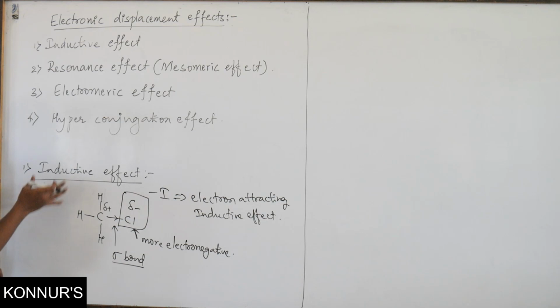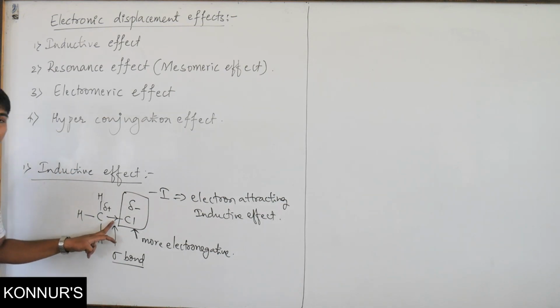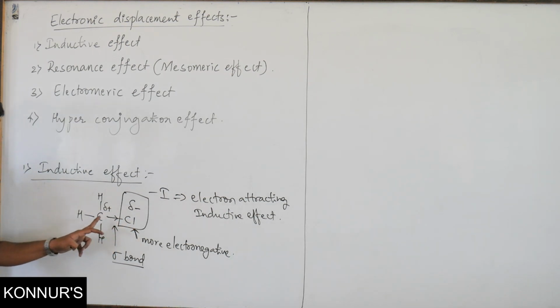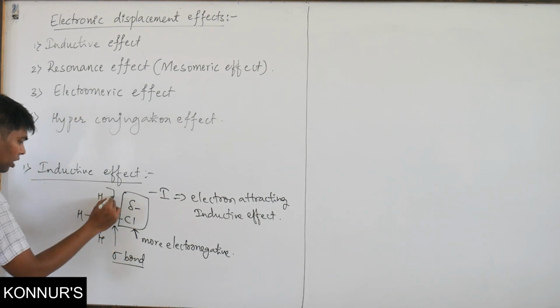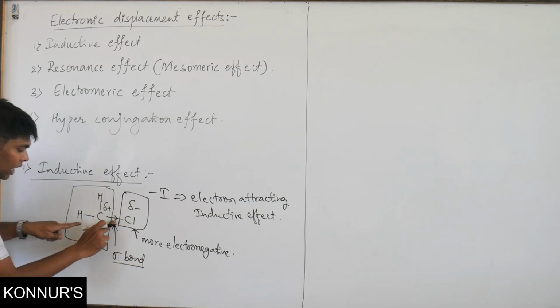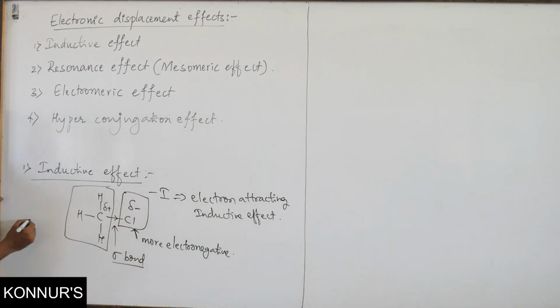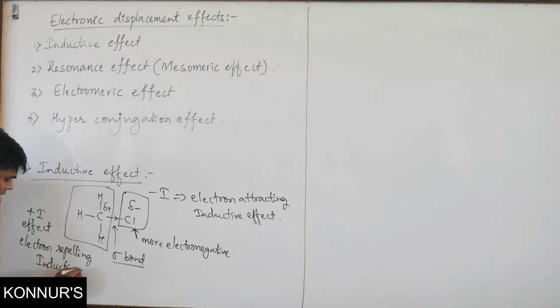If I consider the methyl, it is donating its electrons towards the chlorine, so it is electron repelling in nature. Bonded pairs of electrons are going away from this substituent group. So with respect to the methyl group it is a plus I effect, which I can call the electron-repelling inductive effect.